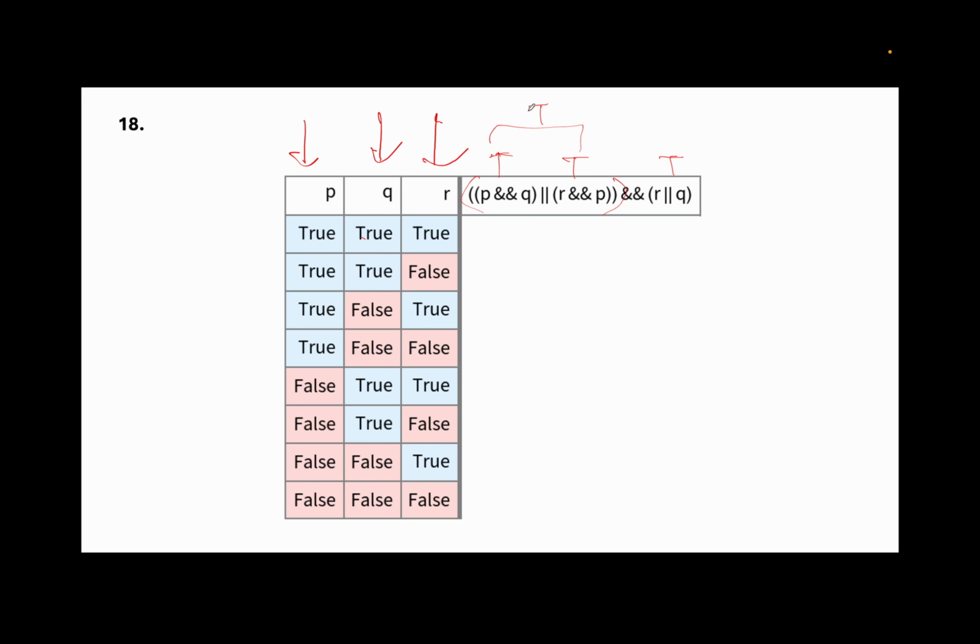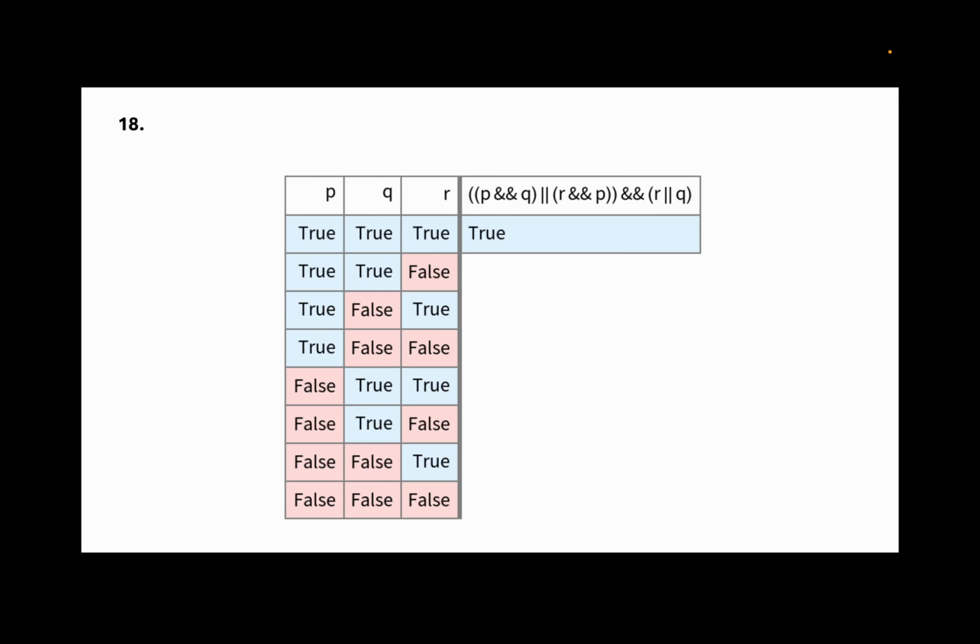Is any of them true? Yes, it is true. And are both of these true? Yes, true. So answer will be true. Next, in the second condition, what will be the answer? P and Q are true.